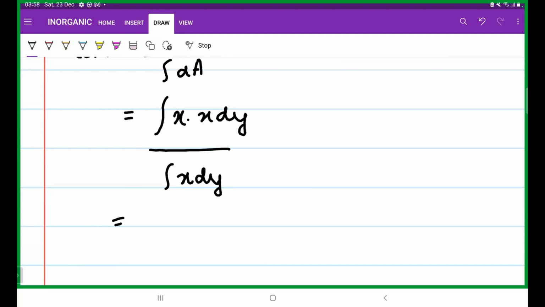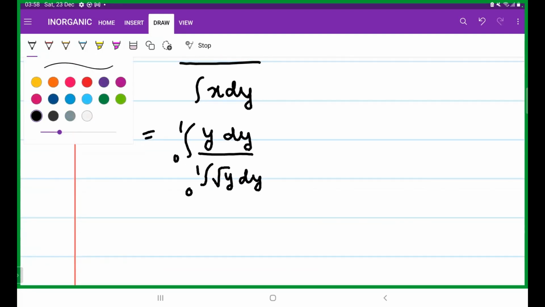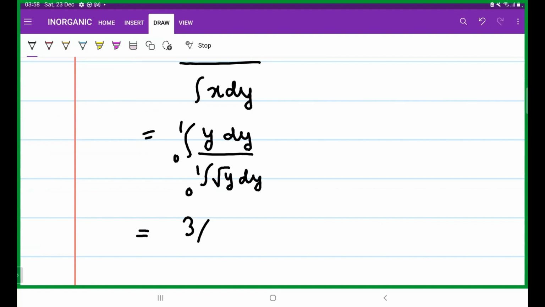From the equation that is given. So we will just write y dy divided by root y dy. Apologies. And we will integrate this from 0 to 1, and you will get the answer, which is equal to 3 by 8.